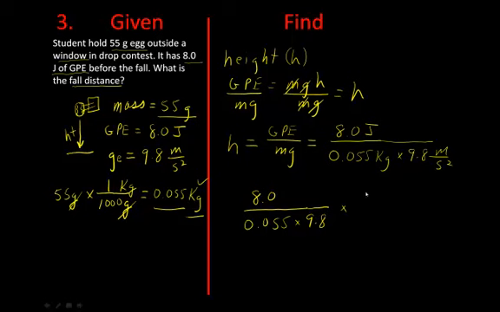Times joules. And joules, oh, that doesn't quite cancel with anything. So right here, we've got to translate the joules. So what is a joule equal to? Joules equals kilograms, meters squared per second squared. So let's change that over. So let's put kilograms, meters squared per second squared, that goes on the top.